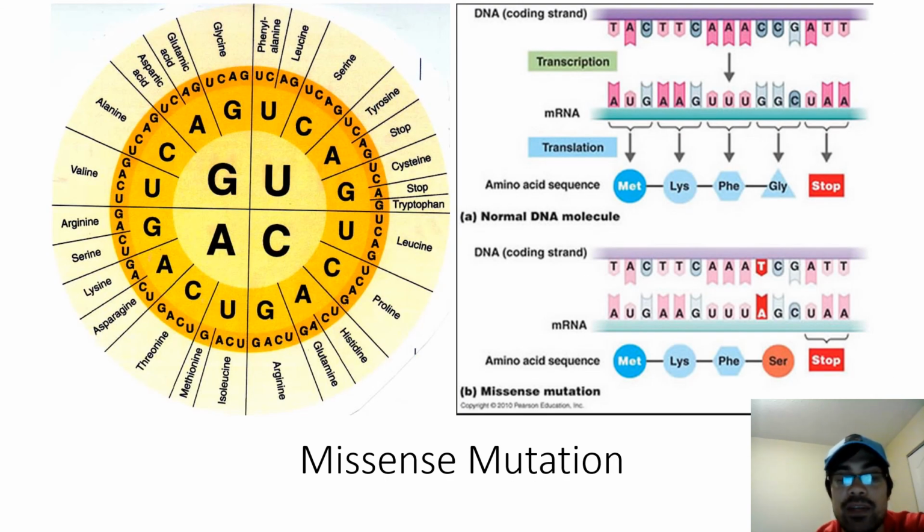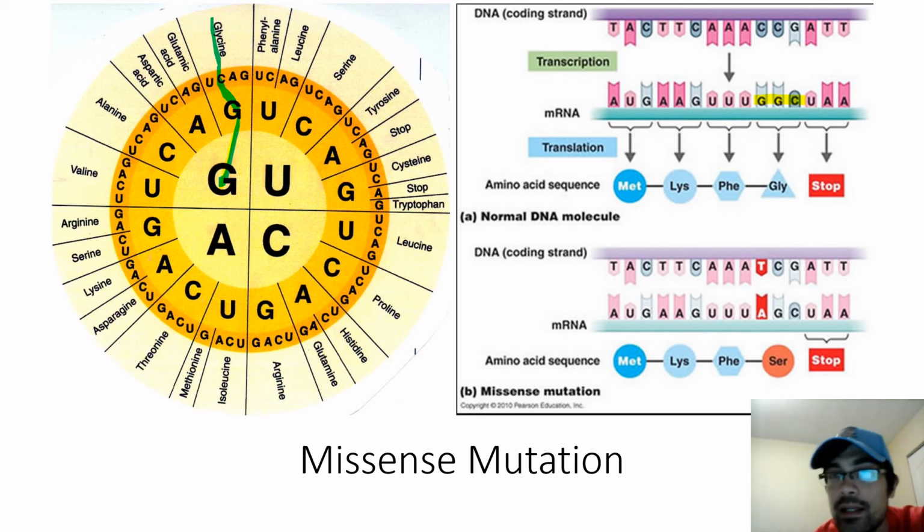So in terms of a missense mutation, we'll look at this here. We have our codon here, GGC, which codes for what we know as glycine, which is up here. GGC makes glycine.